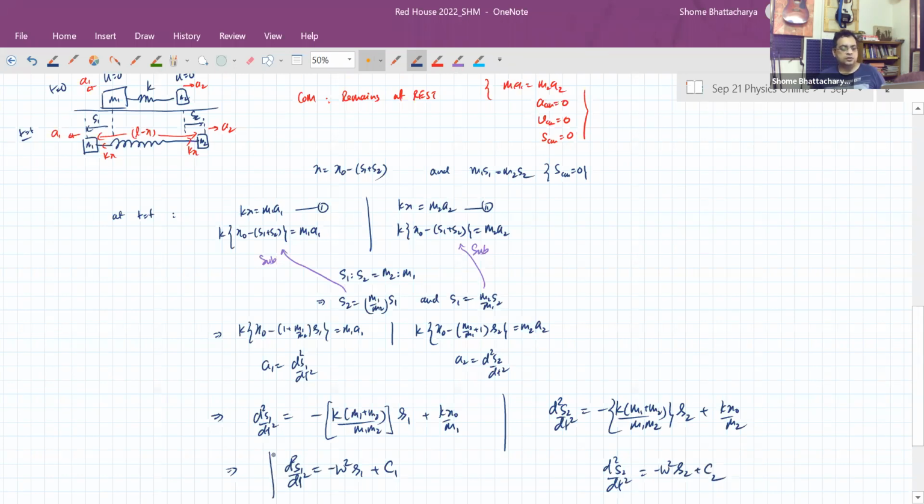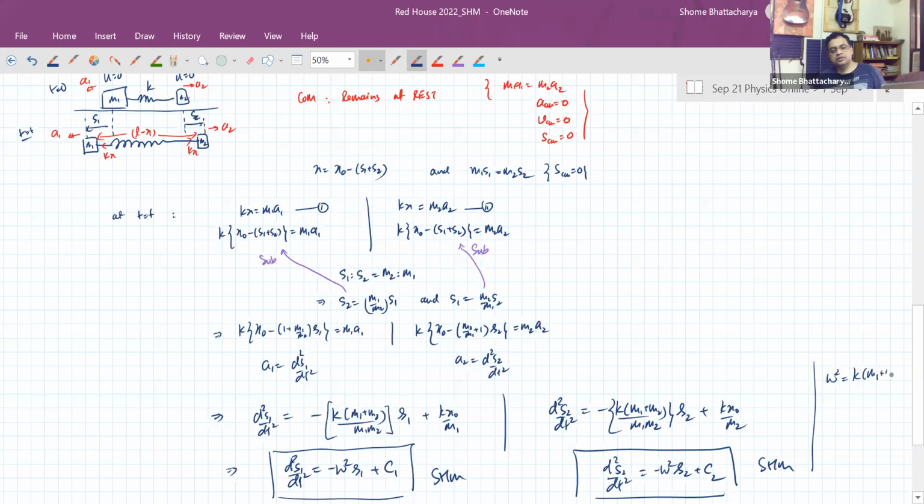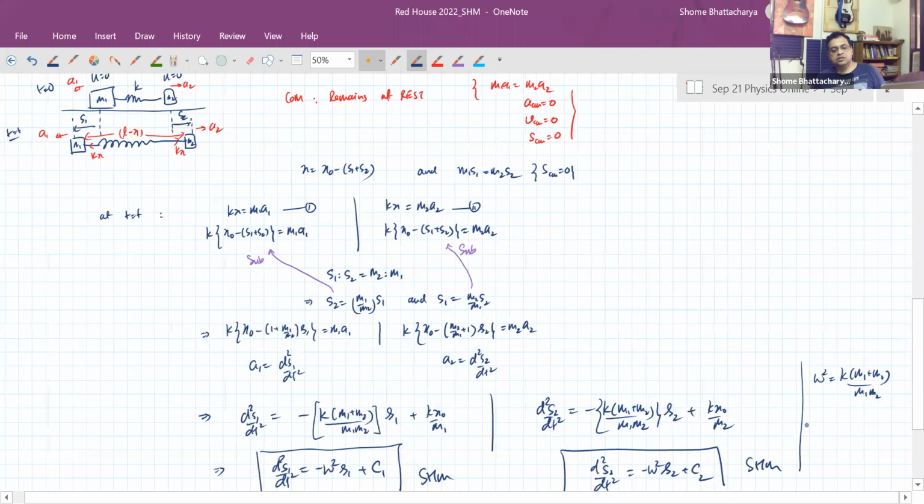These kind of equations we got are SHM, where omega square is k into (m1 plus m2) upon m1 m2. So for all these types of questions, this term is written like this.